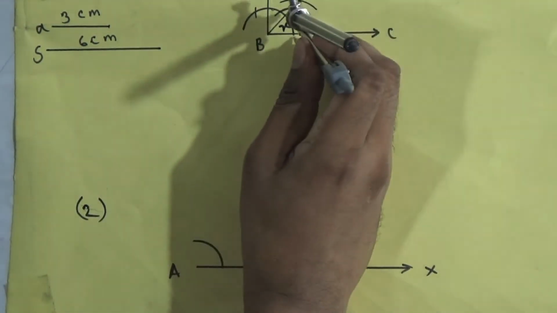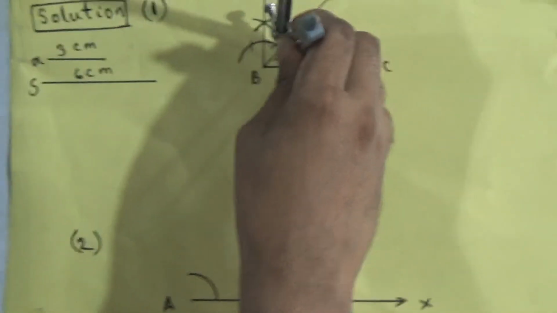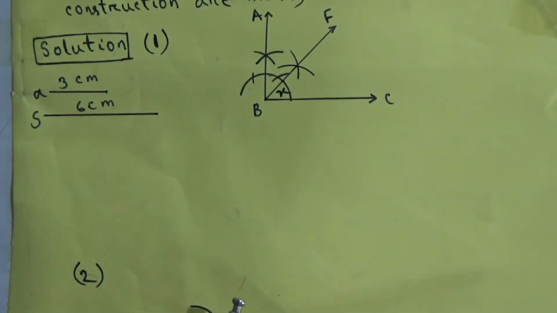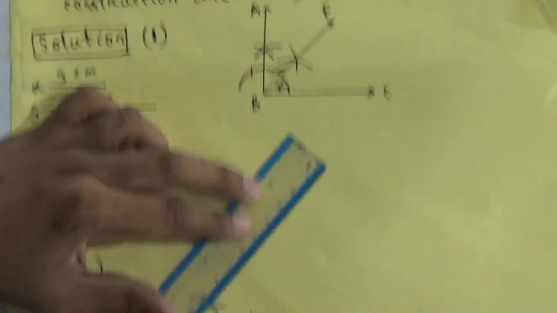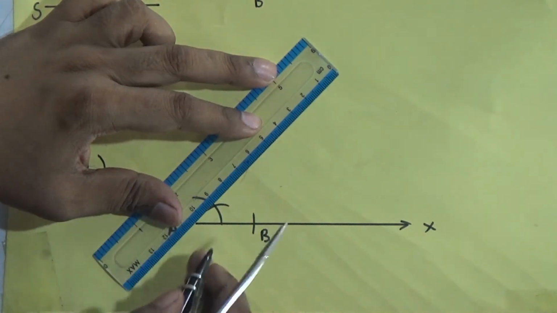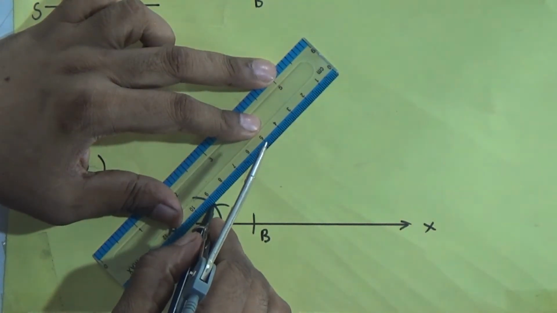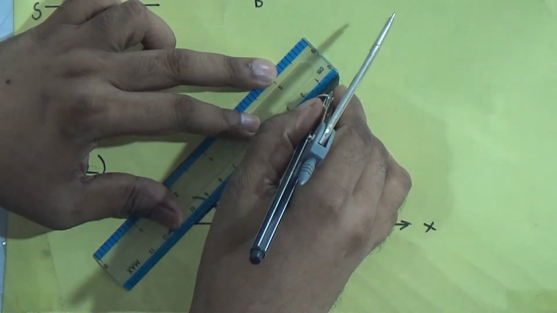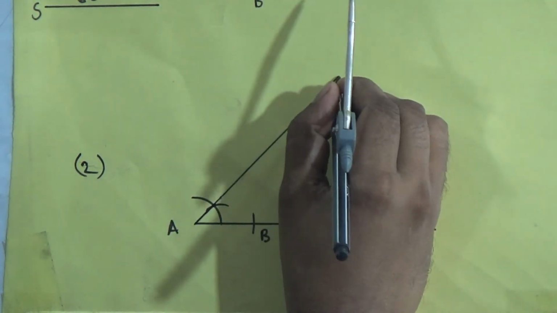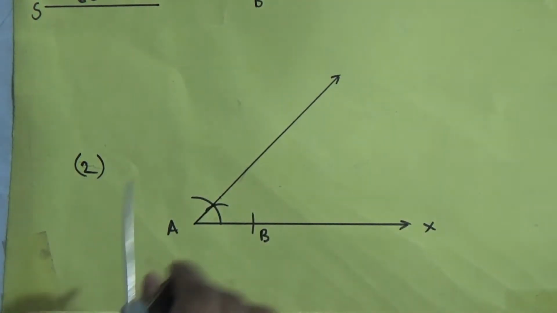Now we will take this radius. Okay, the name of the angle is XAE.